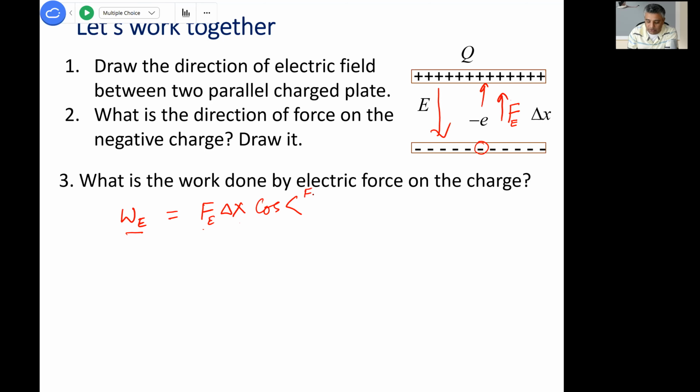Angle between force and displacement. This angle comes from electric force and displacement. Force is pointing this way and displacement is also in the same direction, so the angle between them is 0. So it depends on the force. Remember, the work done comes from the force, not from the field. I think that was your question. Okay.